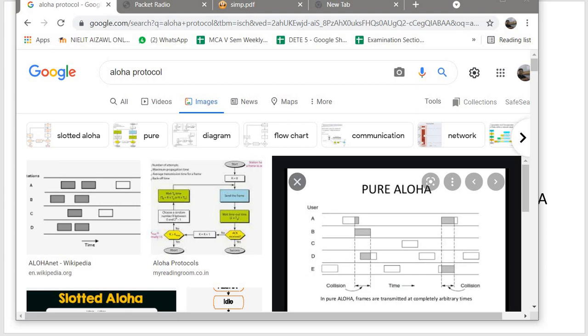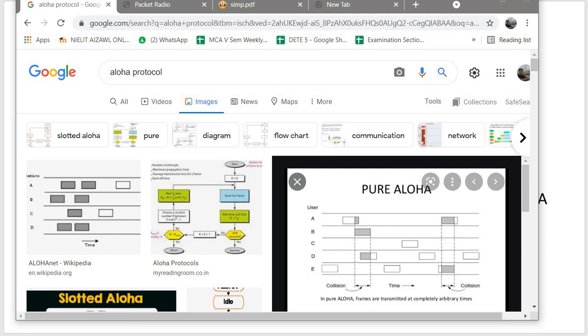The version of the protocol known as pure Aloha, implemented in AlohaNet, was quite simple and divided into two points.